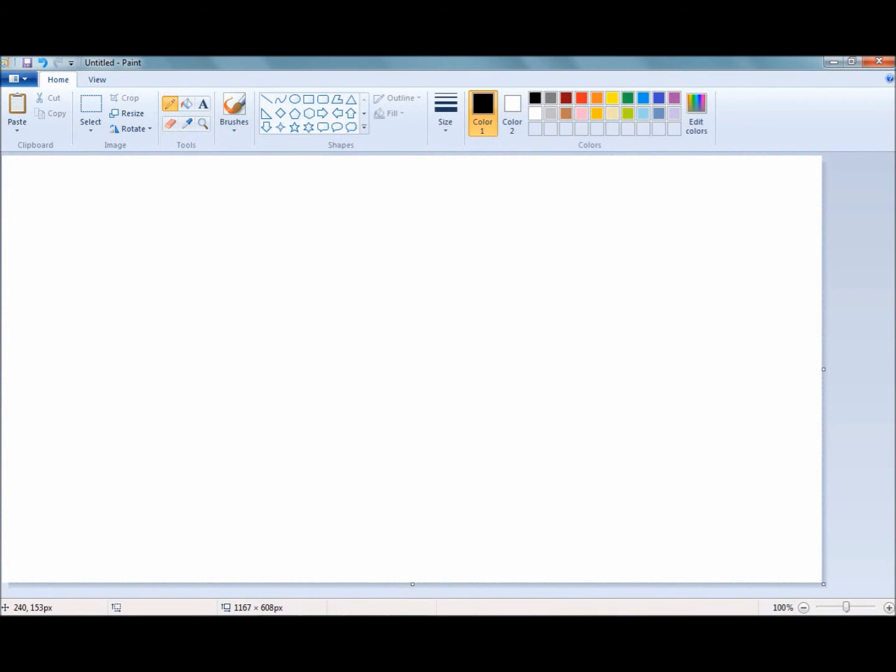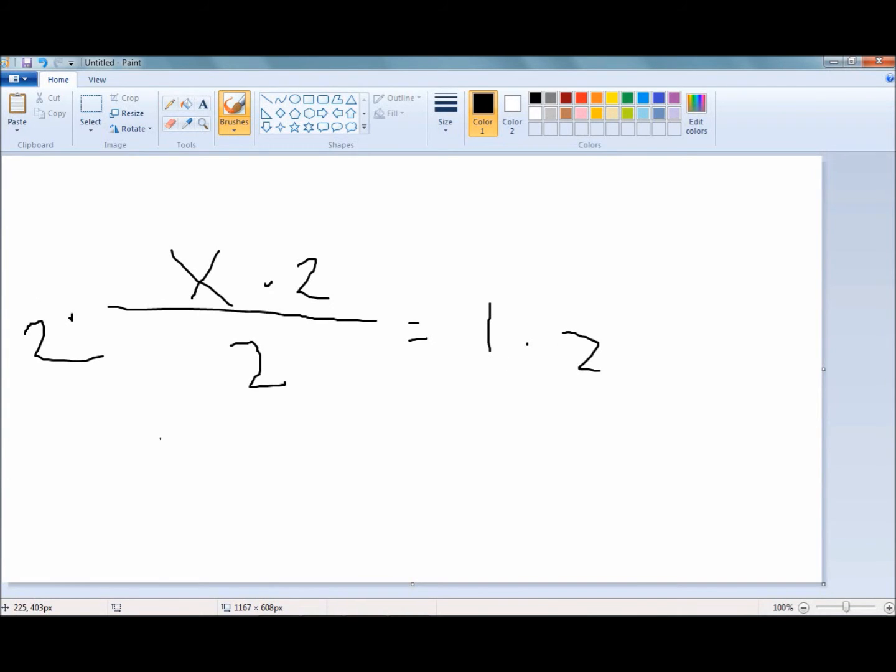So yeah, it's pretty self-explanatory, I should think. Another important thing is that the fraction bar here means divided by. So if I have x minus 2 over 2 equals 1, we can undo this division by multiplying, that's a multiply, not a plus, by 2, and you have to multiply both sides by 2.